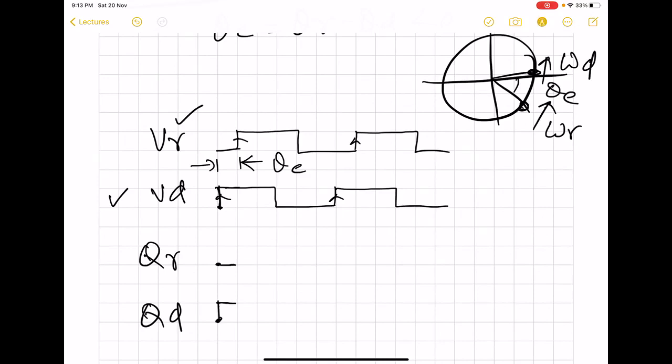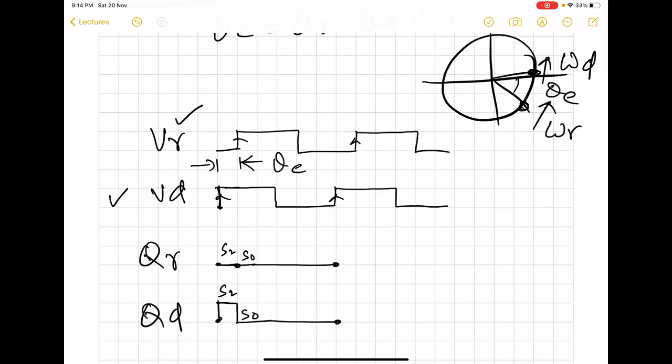So the system goes into state 2, and then after a short duration corresponding to theta E, the system is brought back to state 0, because the rising edge of VR occurs.